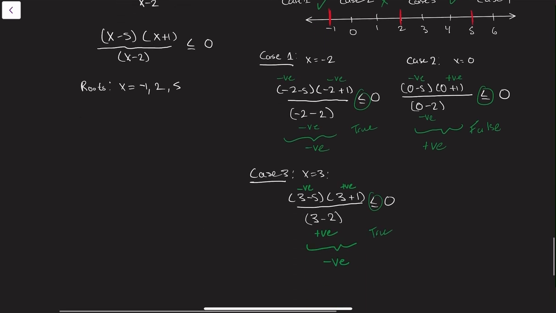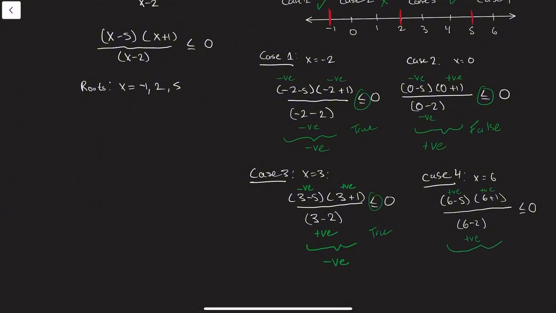That's good. And case 4, last but certainly not least, let's use x is equal to 6. So we get 6 minus 5, 6 plus 1, 6 minus 2, less than or equal to 0. Positive, positive, positive. If we take the product and divide, that gives you a positive value, which cannot be less than or equal to 0, which is false.